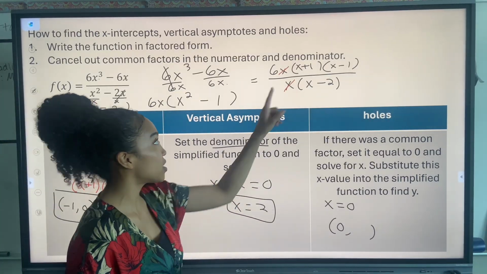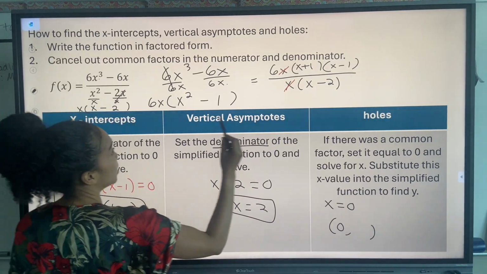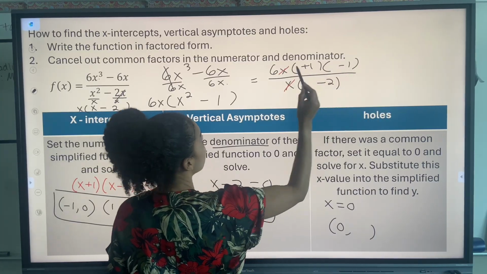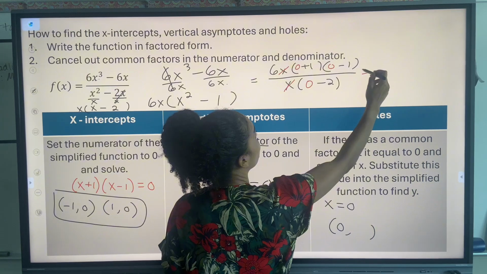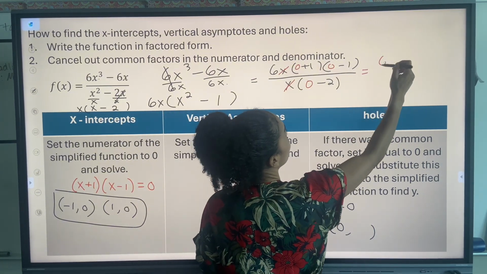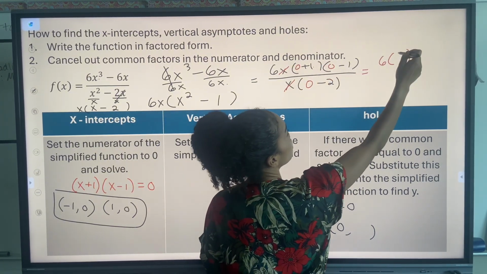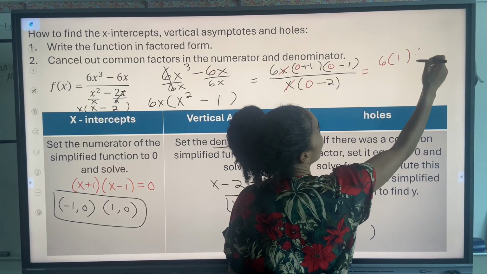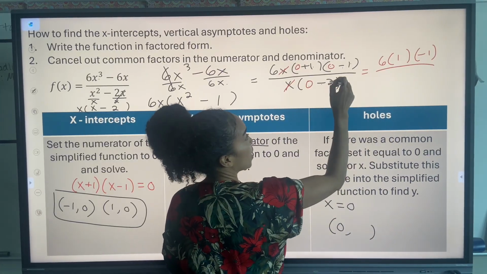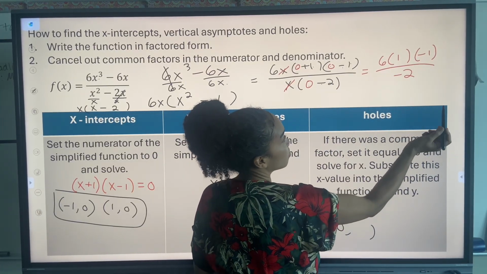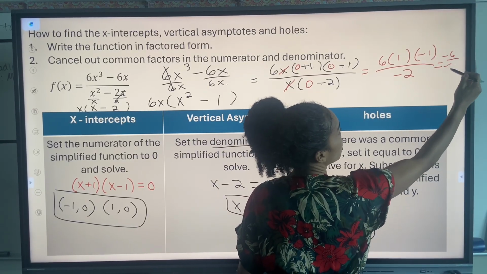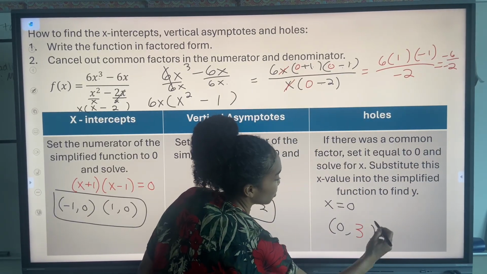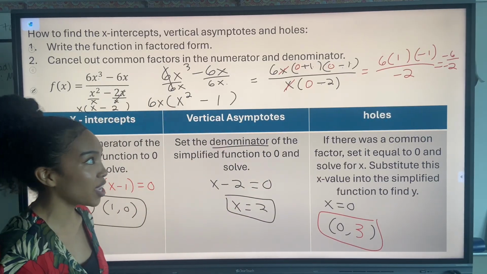And we'll plug that into here and see what y value we get. So I'm going to erase these x's and replace them with zeros. 0 plus 1 is 1, 0 minus 1 is -1, and 0 minus 2 is -2. So you get -6 in the numerator and -2 in the denominator. 3. So that is the location of your hole.